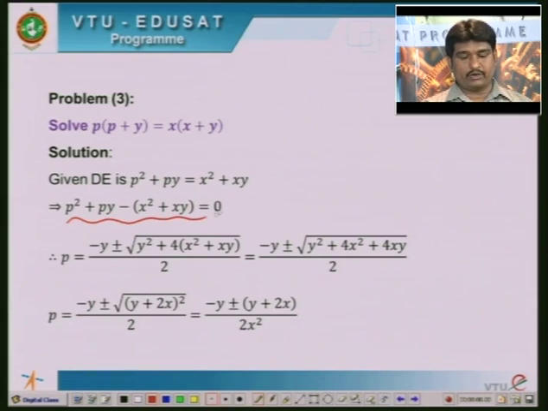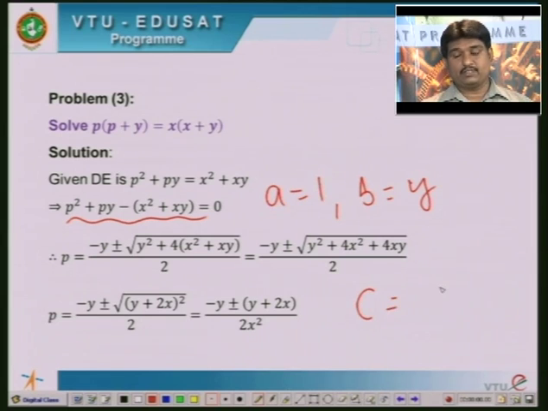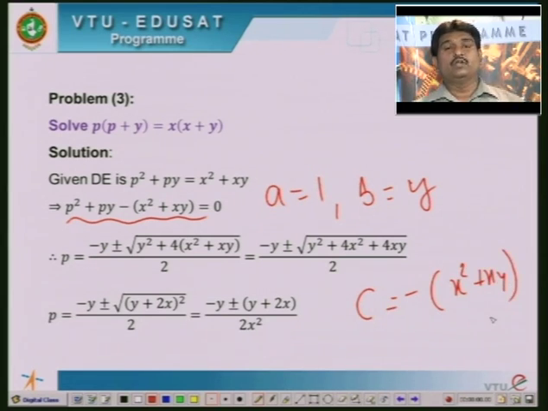As you can see, it is a quadratic equation in p with a as 1, b as y, and c as minus of x square plus xy. Use the formula minus b plus or minus root of b square minus 4ac divided by 2a to get this.